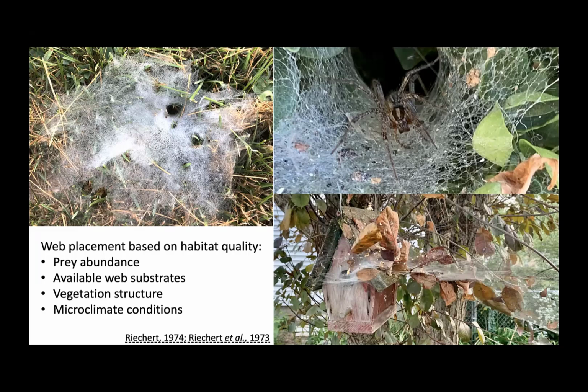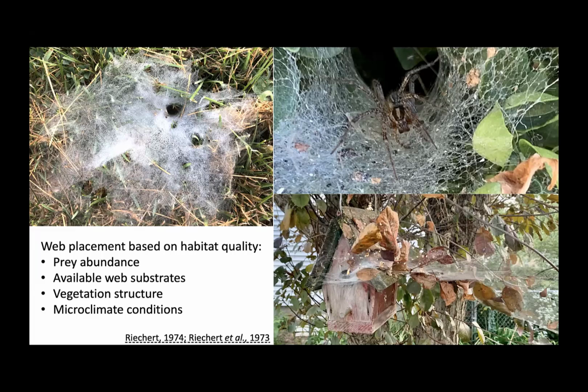And they found that aperta actively chooses their web location based on the quality of the habitat. And they found that there's all kinds of different factors that go into habitat quality, especially that of prey abundance, the availability of substrates to build webs on. Related to that is the structure of the vegetation, and also the microclimate conditions, especially temperature.